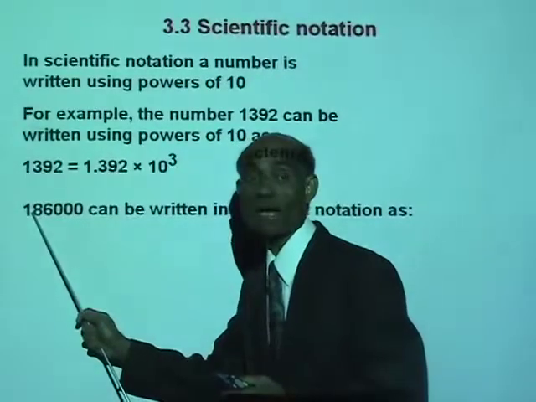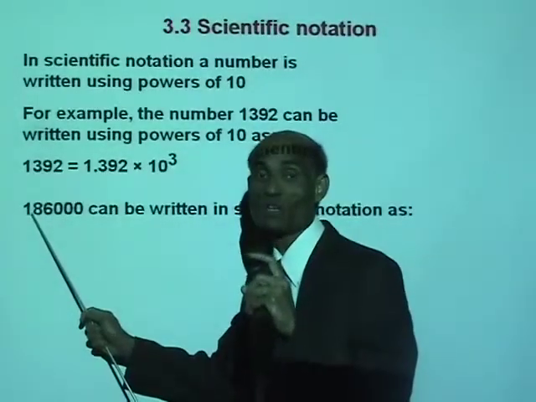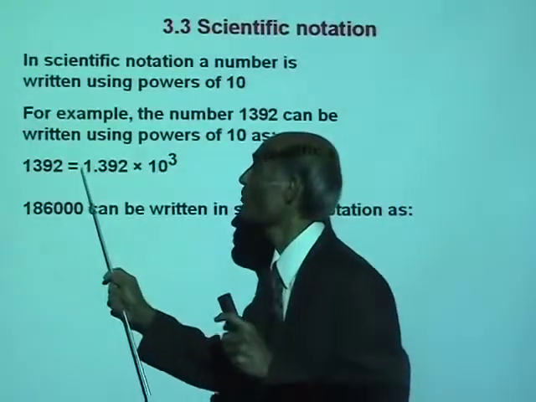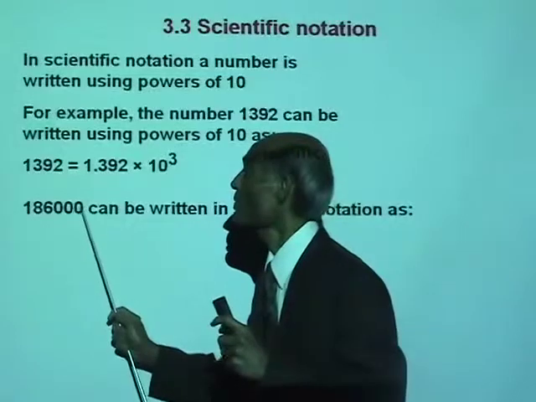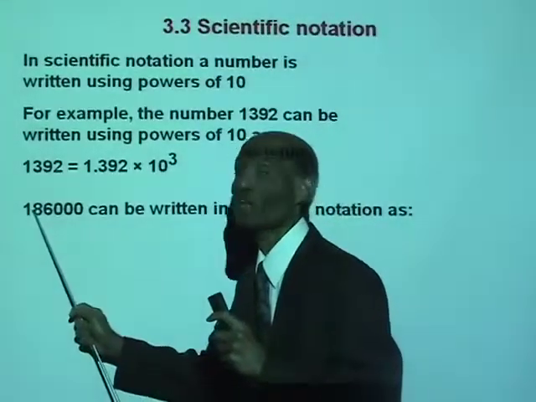You stop there. You stop at the right of the first digit. In scientific notation, the number must be written with 1 digit before the decimal. So, you move the decimal here 5 places to the left.